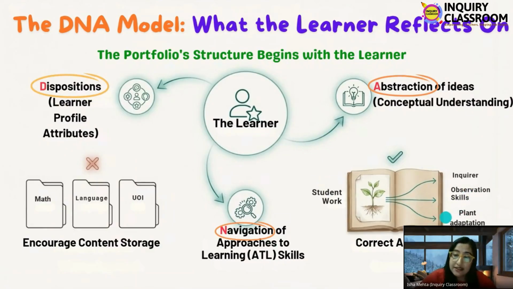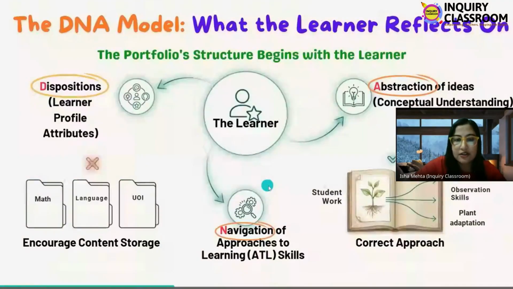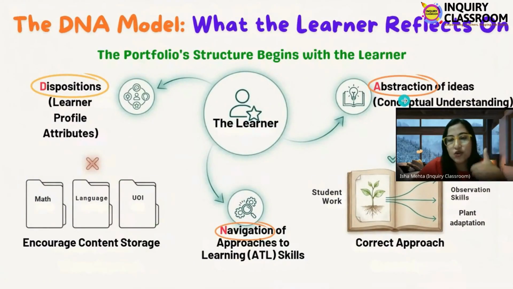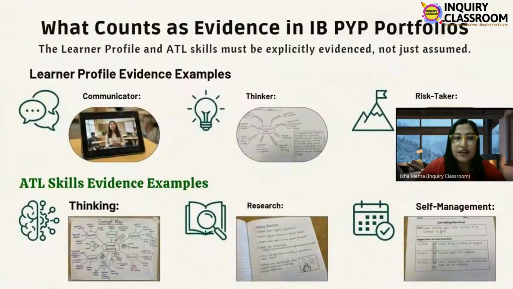And then finally, the child understands the meaning of the concept adaptation. So if the child is able to reflect on these 3 aspects, the dispositions, ATL skills, and concepts that the child has explored, then yes, this work is good to go inside a portfolio.